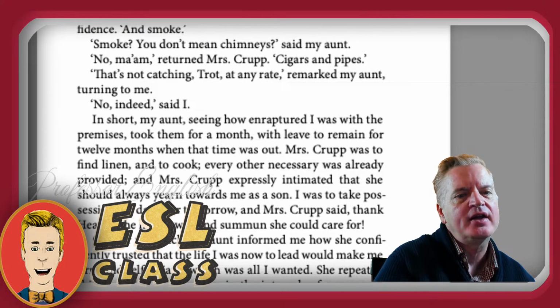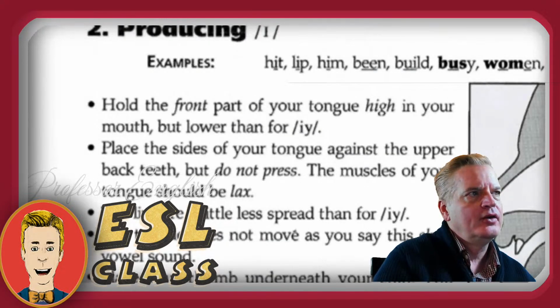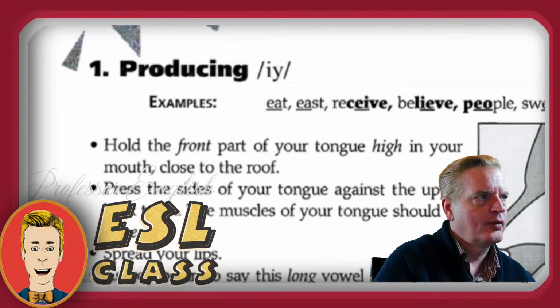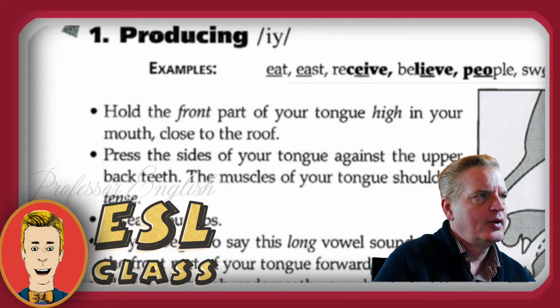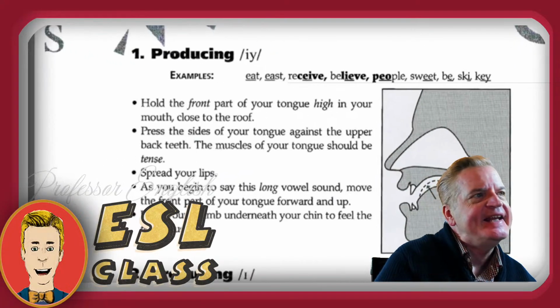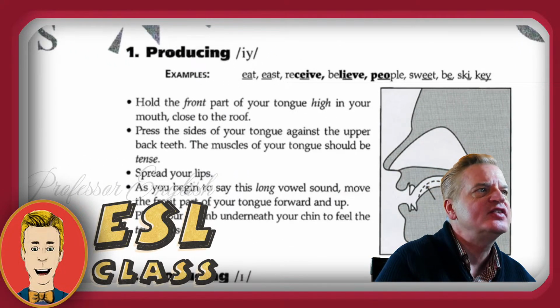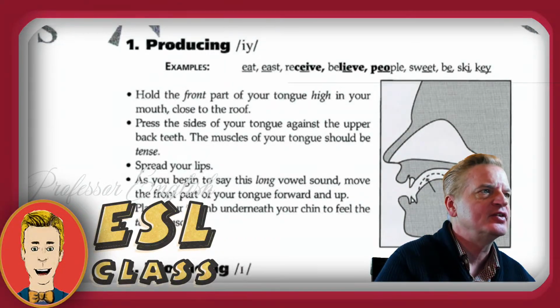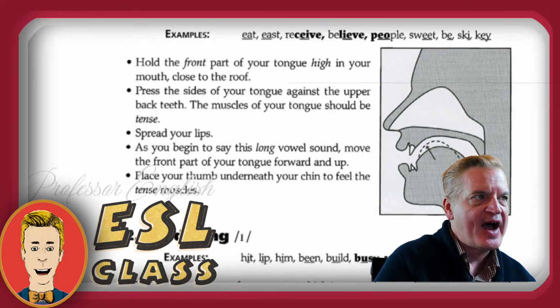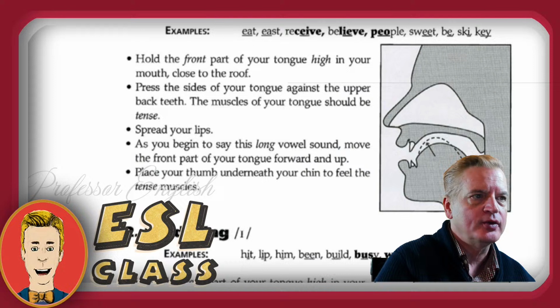So let's go back to our reference and take a look at how to pronounce this E sound, which is a very tense sound, tense muscles, okay? So it says, hold the front part of your tongue high in your mouth, close to the roof.